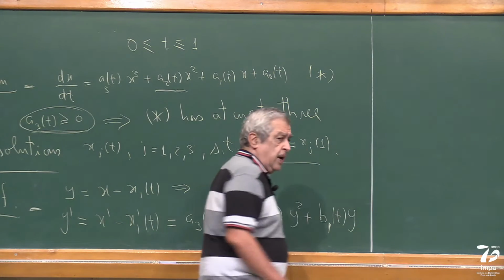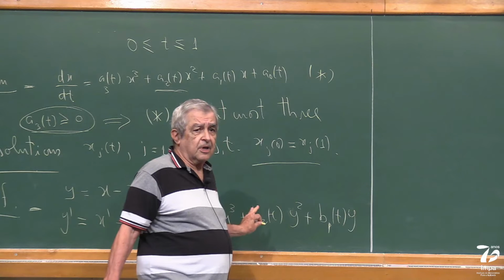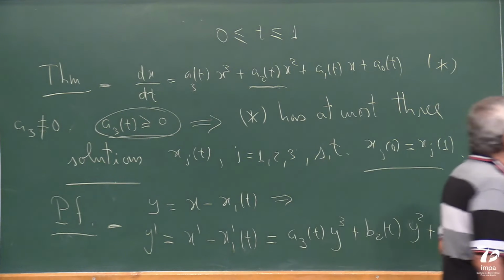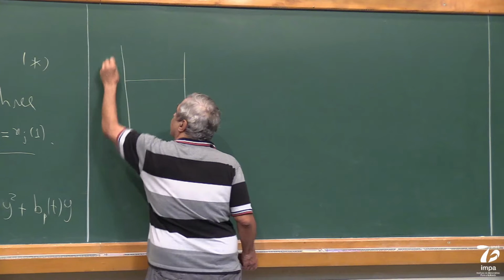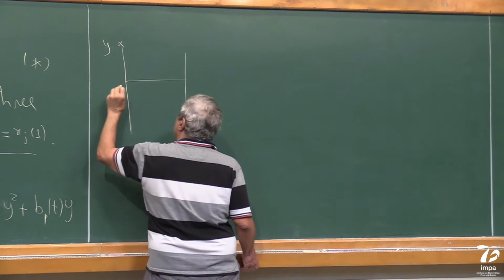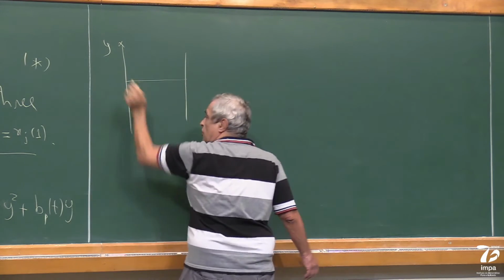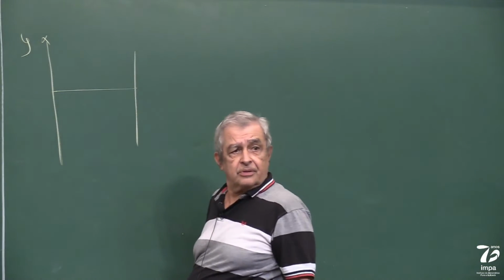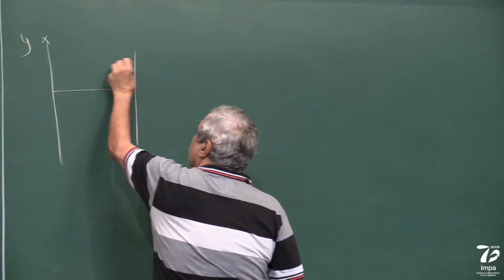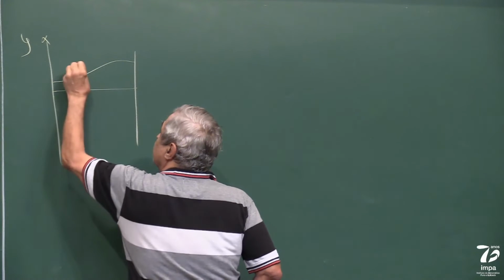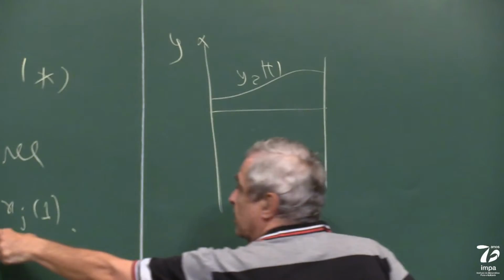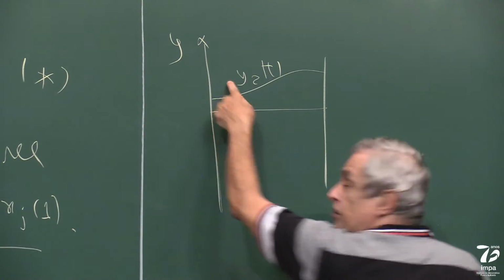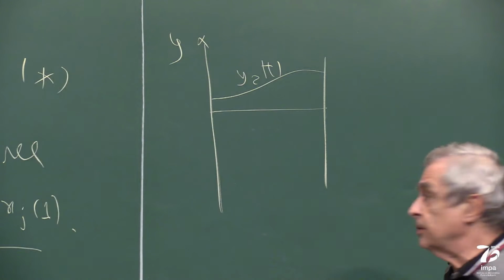So y equals 0 now is a solution, okay? Since y equals 0 is a solution, the other solutions are not equal to 0. The solution x1, x2 goes to this solution y2.